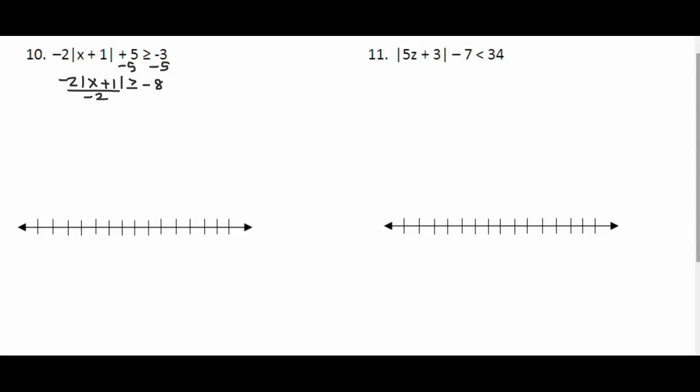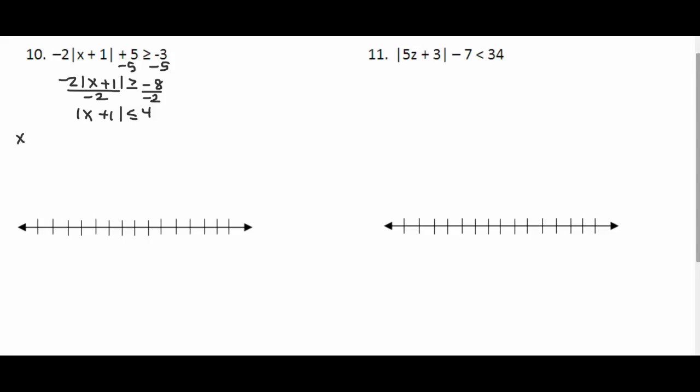Divide by negative 2. And the rule still applies: if you divide by a negative, the absolute value doesn't change, but the direction of the inequality does. So it's the absolute value of x plus 1, now it's less than 4. So this becomes an "and" problem.